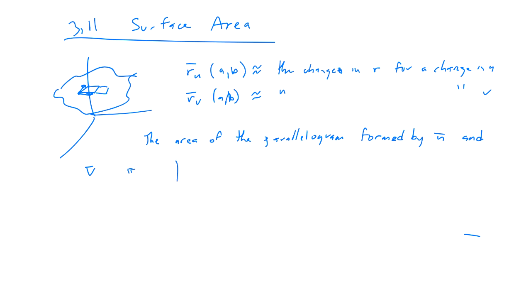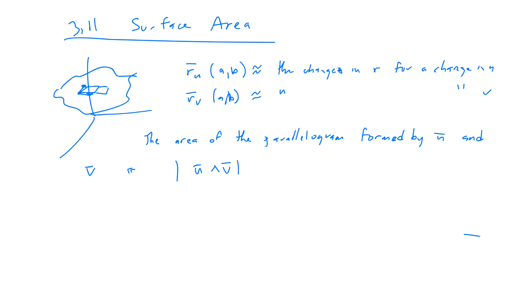If I have a parallelogram formed by two vectors, how do I get the area of the parallelogram? Right, the cross product. And the only little thing with that is we then take the length.